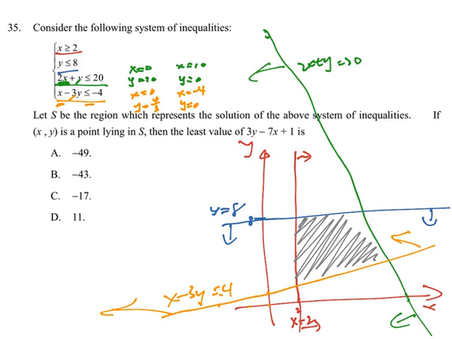Then we'll see the equation of 3y minus 7x plus 1. Then we substitute the points one by one to see which one gets the least value. For combining these two, we know it is 2x.